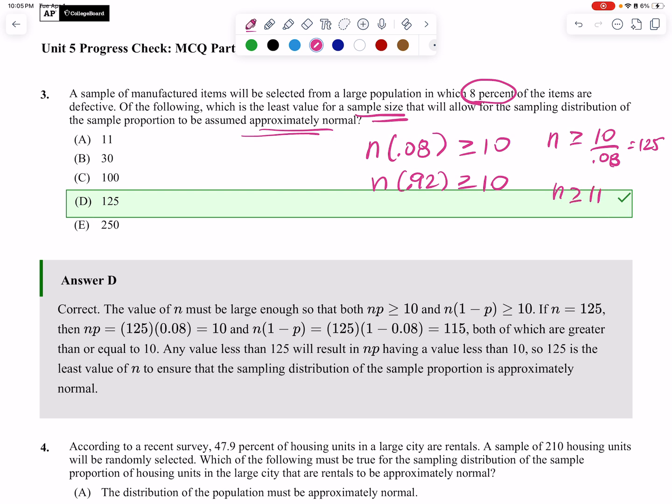For this to happen, well, if I use 11, that won't be true over here, so I have to use 125. So you see 11's there, but that's only going to be good for this one. I have to use the bigger one, because if I use 11, then that's definitely not going to work for this problem, because NP is not going to be bigger than 10. So that's why I have to use 125.